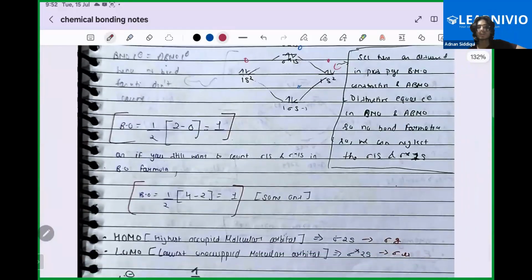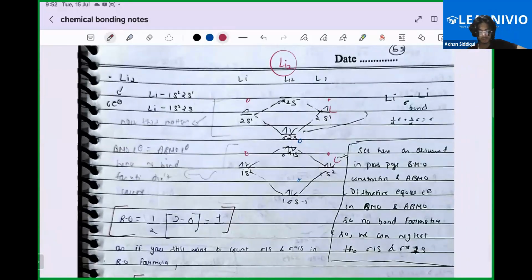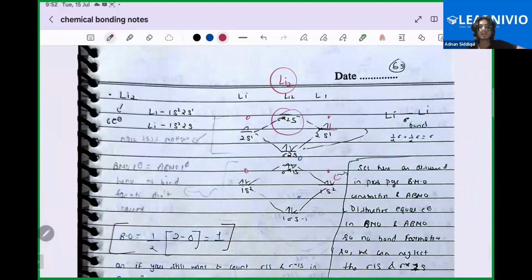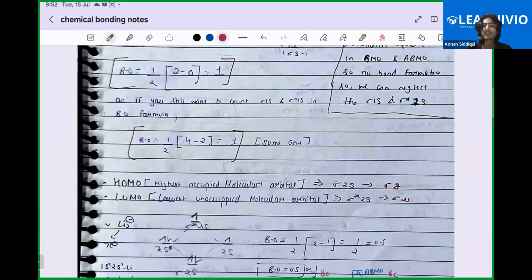Lowest unoccupied molecular orbital. No, it is your sigma star 2s. By LUMO, we mean lowest unoccupied molecular orbital. Initially I was talking about HOMO, highest occupied molecular orbital.